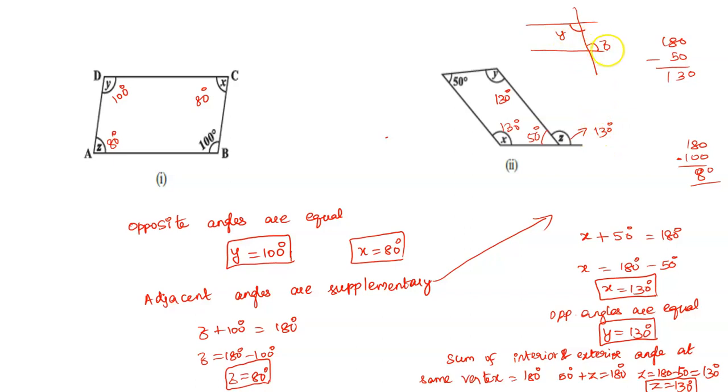Definitely y is 130, so that is equal to z, because alternate interior angles are equal. So we can determine z either by the sum of interior and exterior angle at the same vertex of any polygon being 180 degrees, or by alternate interior angles being equal.